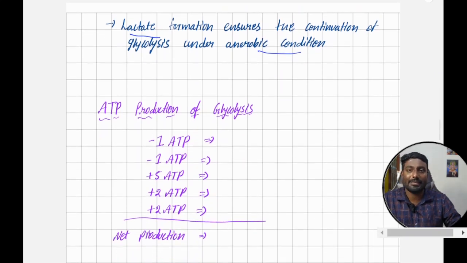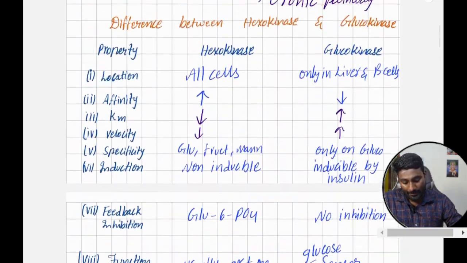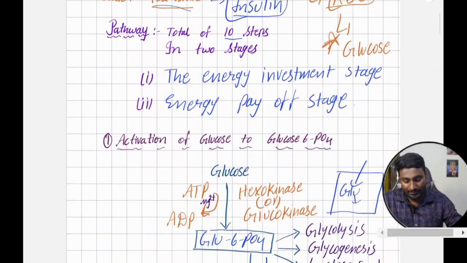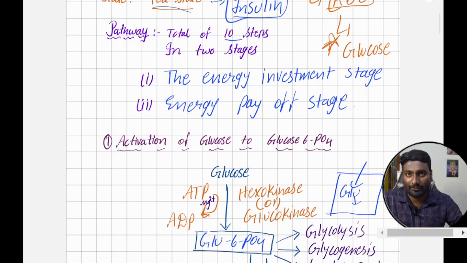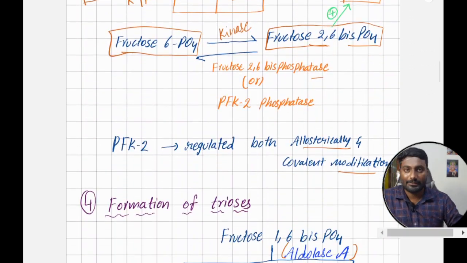Now let us see the energy production of glycolysis. In the starting step, I told there are a total of two stages. One is your energy investment stage, and another is your energy payoff phase. Till the formation of the trioses, the stages are the energy investment phase, and after that, the stages are the energy payoff phase.